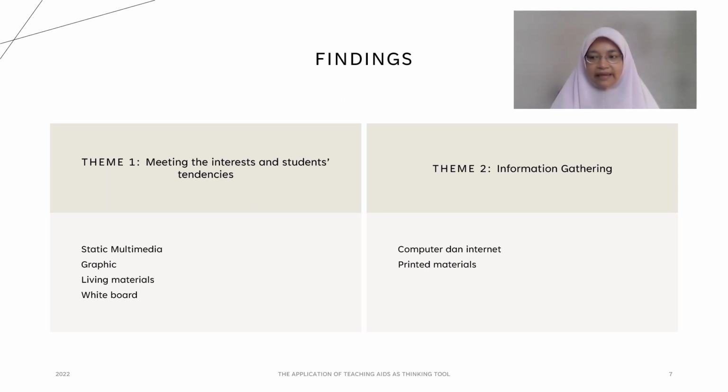And this teaching aid can give students the experience of filtering information for consideration in the argumentation process. Teachers also use teaching aids in the form of printed materials such as textbooks, reference books, as well as books and magazines in the library for information collection purposes.